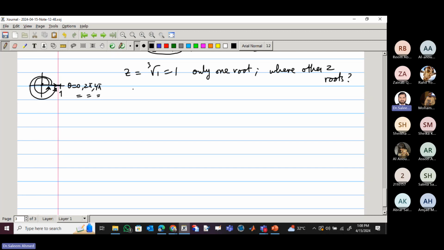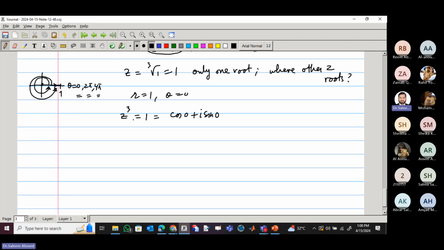So I can write with theta equal to 0. R will remain 1. R will not change. R is 1, theta 0. So my z cube is 1, and 1 can be written as r into cos 0 plus iota sine 0.